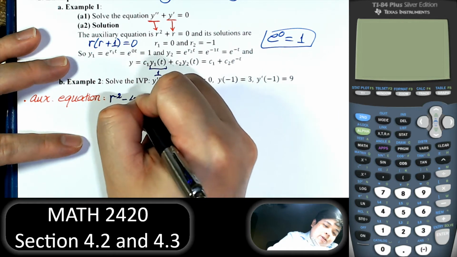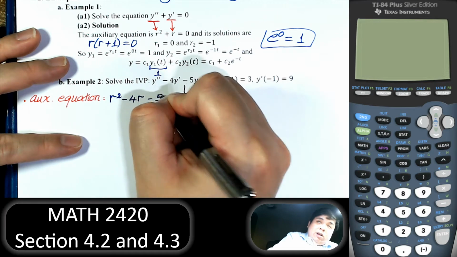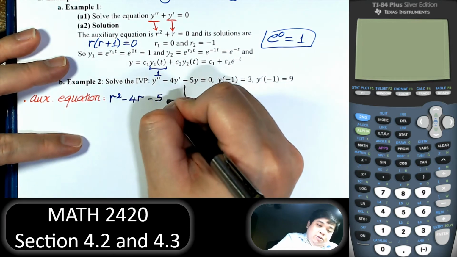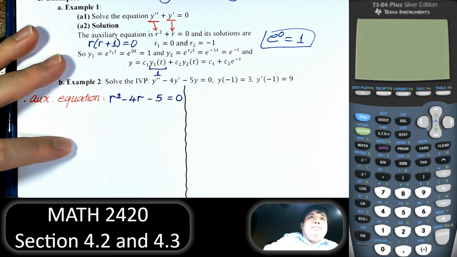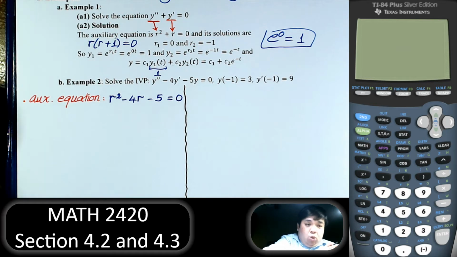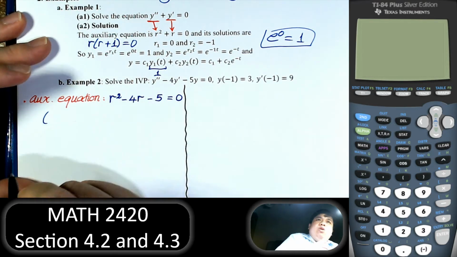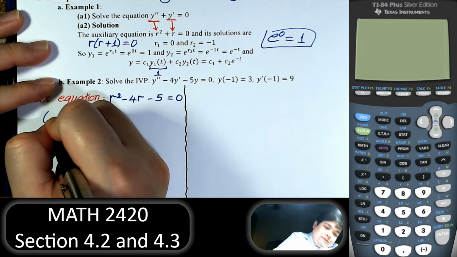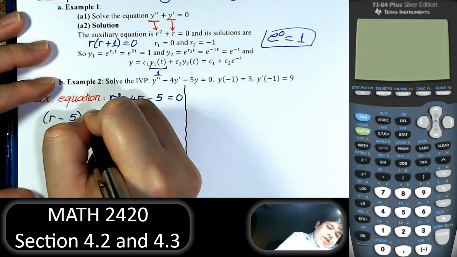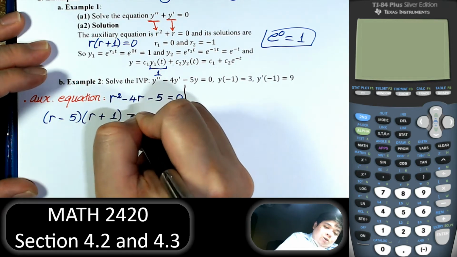First derivative, r. The function, so it's just constant, times 1 if you want to. Right. And then solve for it. Of course, if you cannot factor, use the quadratic formula. In this case, it looks like it can be factored. So the factor is minus 4, so that should be minus 5 and plus 1. r minus 5 and r plus 1 equal to 0.